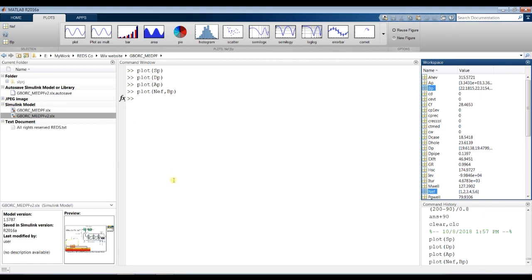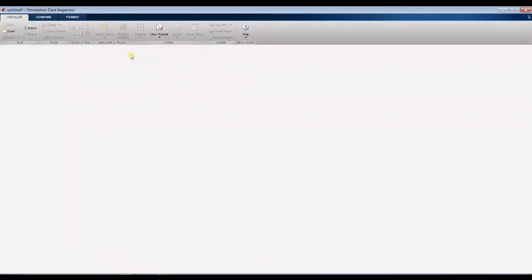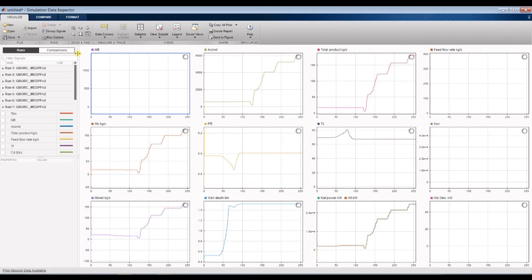So it's quite easy for you to extract your data in many ways. You can even use these signal inspector curves. You can copy or plot, or create a report, or send it to a figure, or you can export this data.